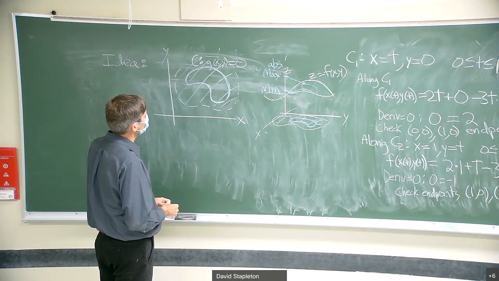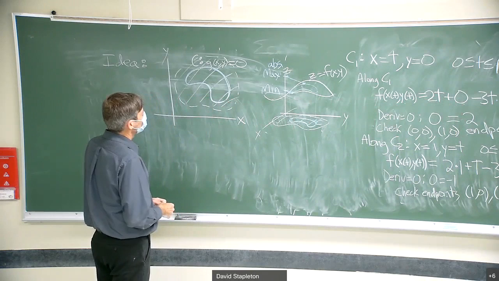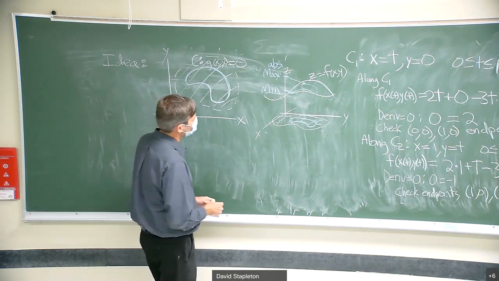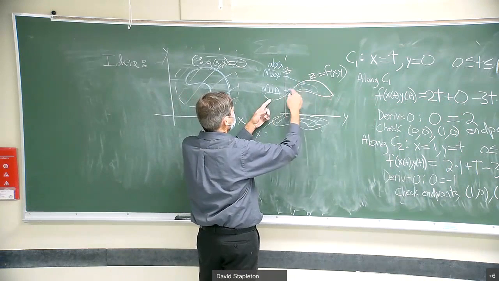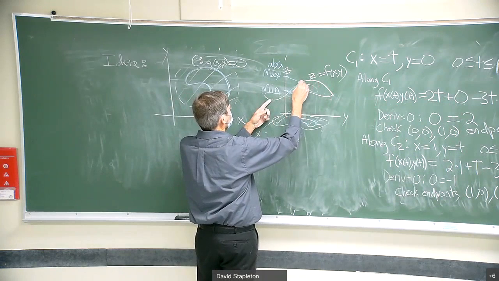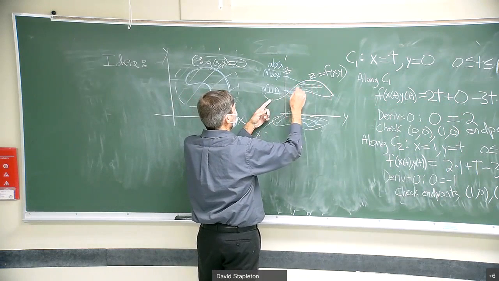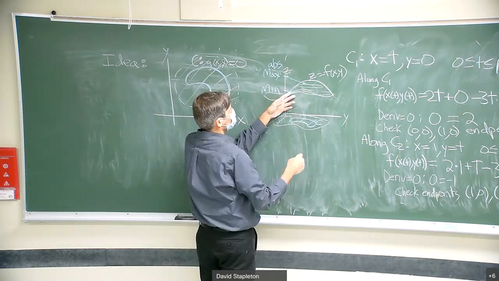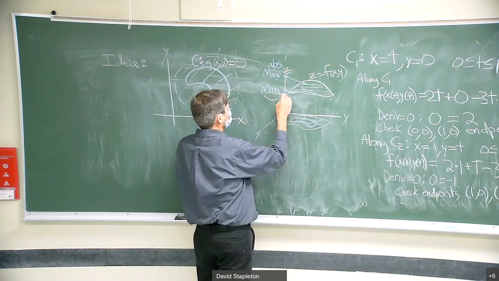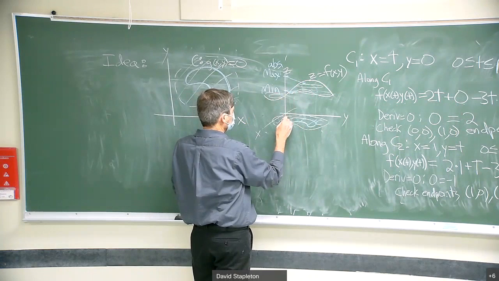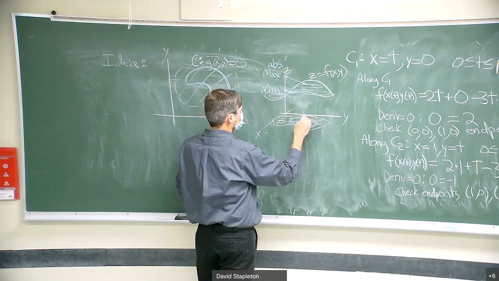Well, what happens is, remember these level curves? This mountain, if you project it down to the XY plane, it has level curves like this and like this, where you have the same altitude all along the mountain. Here's another one. And so you get these level curves down here.